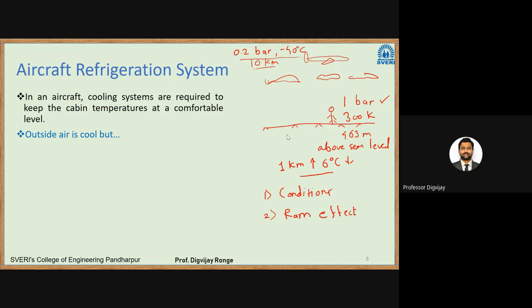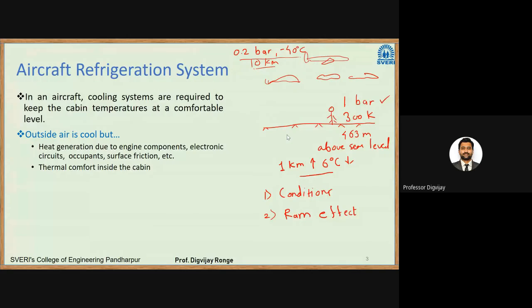Okay, so outside air is cool, but there is heat generation due to engine components, electronic circuits, occupants, surface friction, etc. So there is internal heat generation inside the aircraft due to engine components. Then there are electronic circuits.